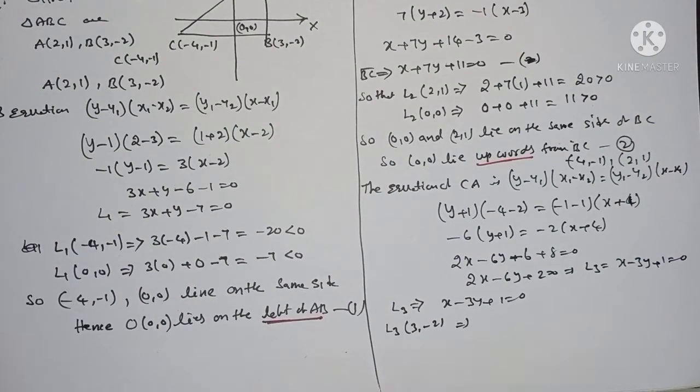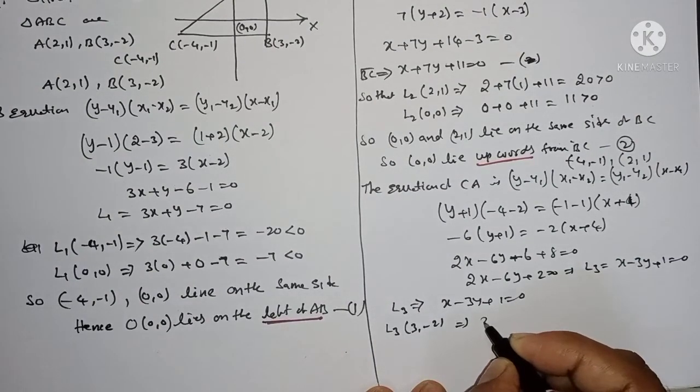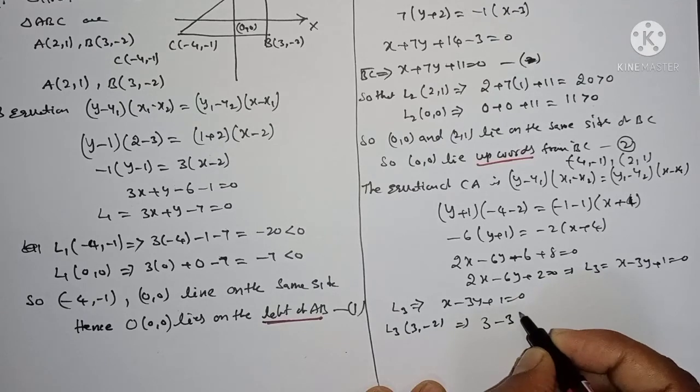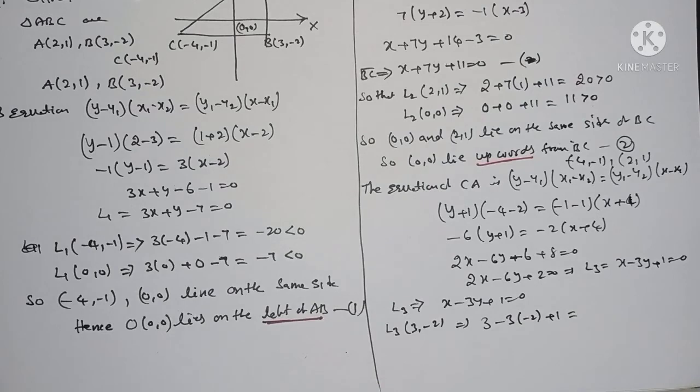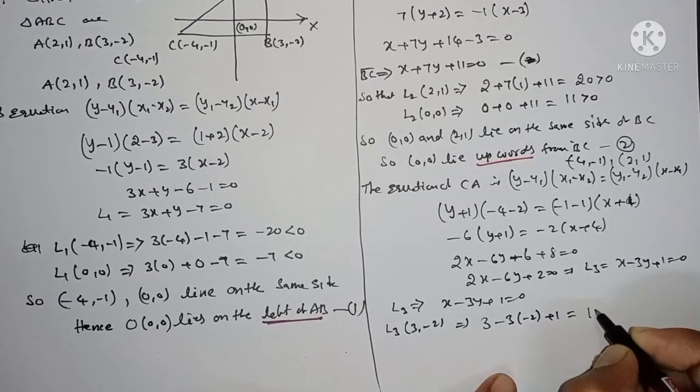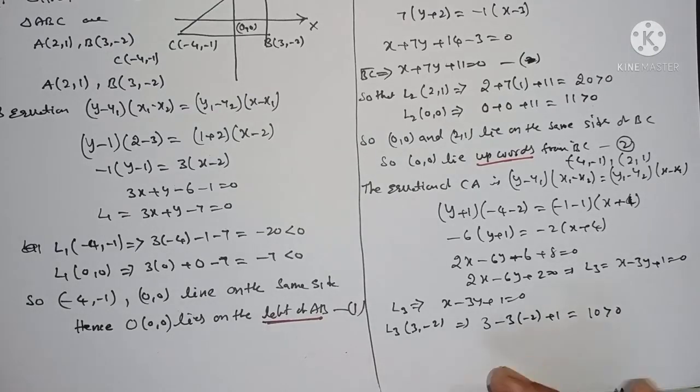What happened? 3 of minus 2 plus 1 is equal to how much? Simplify, you get 10 only. That is 10 is greater than 0, because 3 plus 1 is 4, minus of minus plus 6 plus 4 is nothing but 10, which is greater than 0.